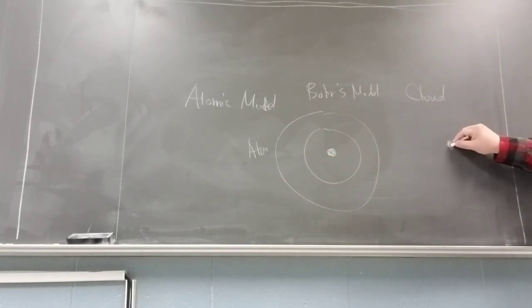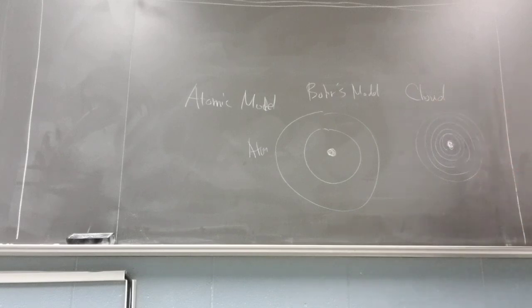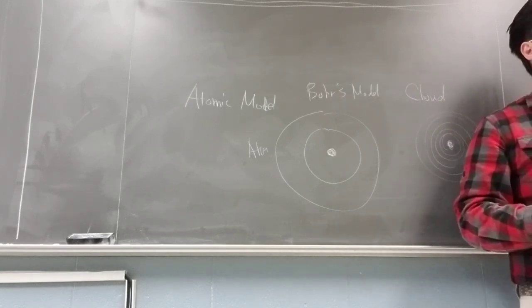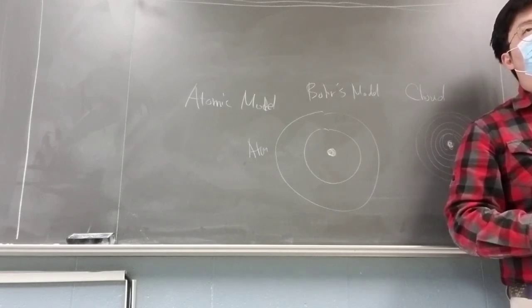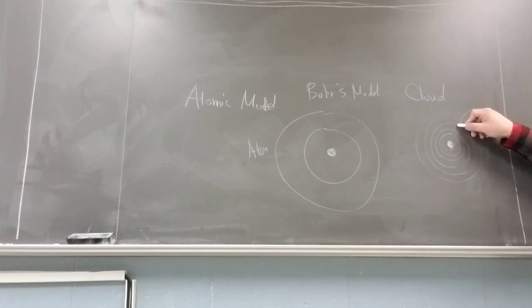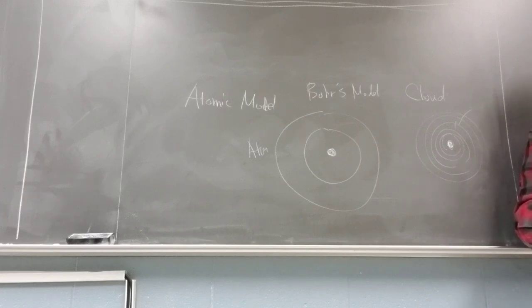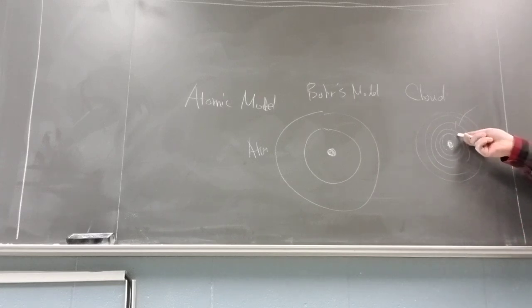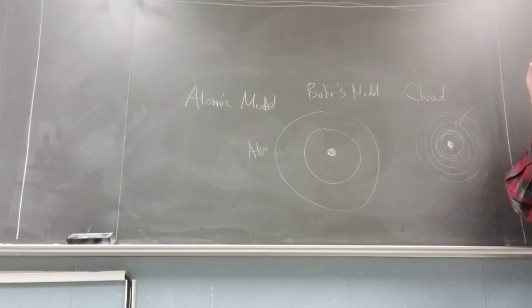You also have a nucleus at the center, but you have a cloud instead of orbits, and it actually represents the density of the electron. Meaning, if you go close to the nucleus, you have a higher chance to find the electron nearby. That is why we have a very dark cloud there.